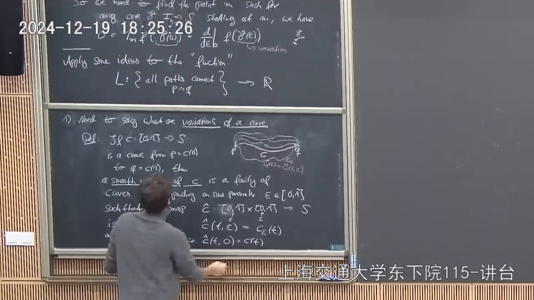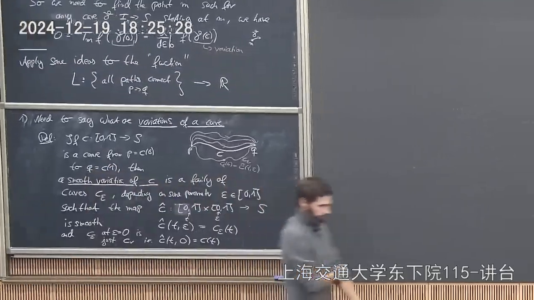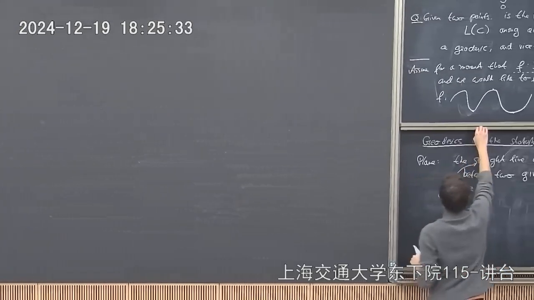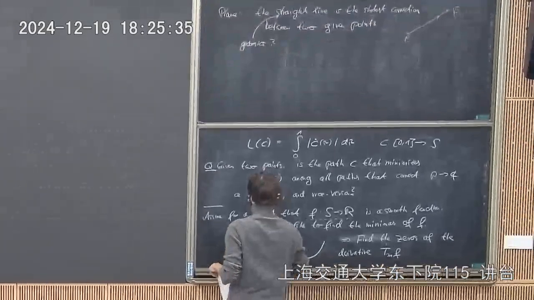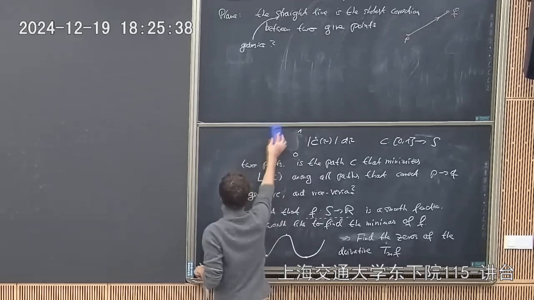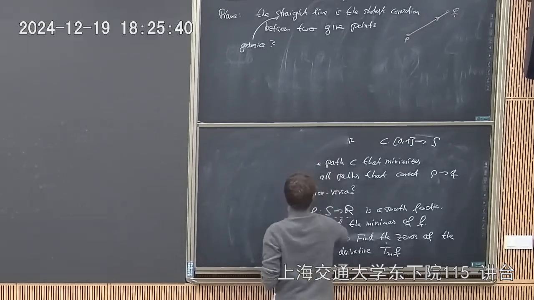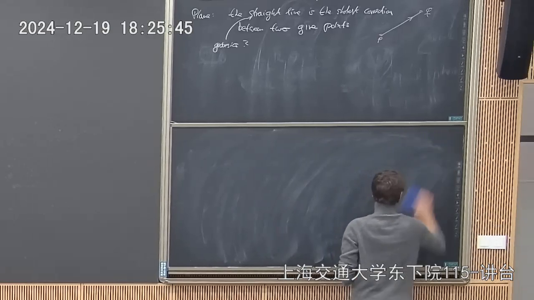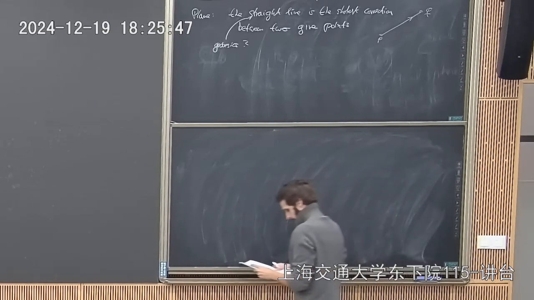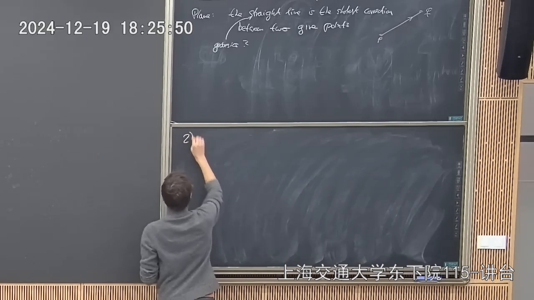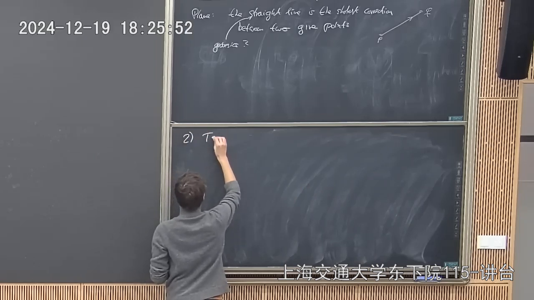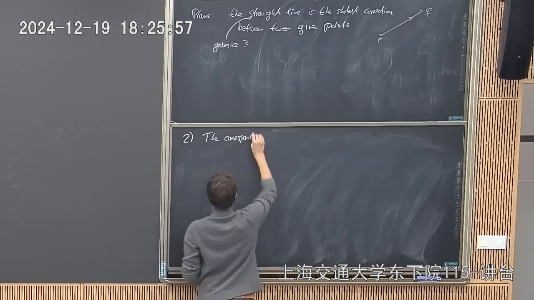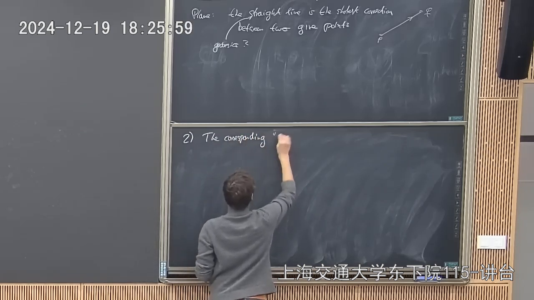So that's the second ingredient. The second one would be the corresponding tangent vector.